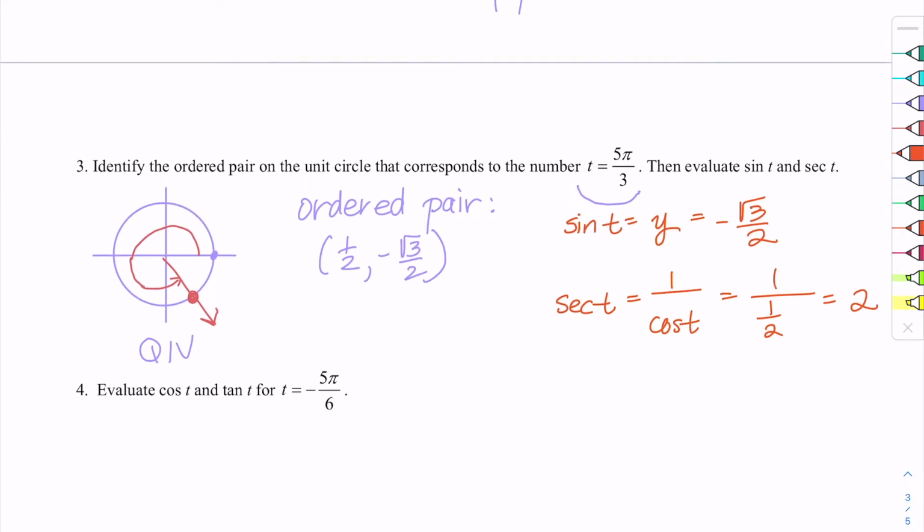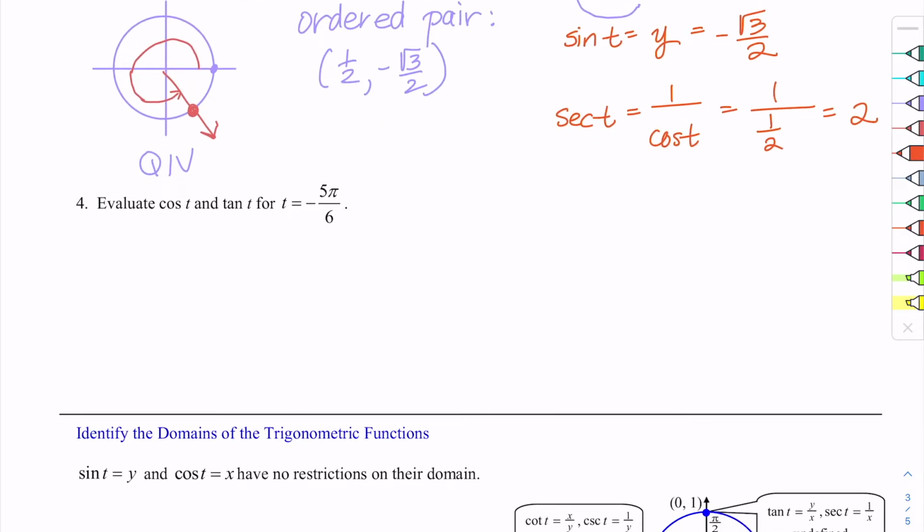In number 4, we're asked to evaluate the cosine of t and the tangent of t for t equals negative 5π/6.